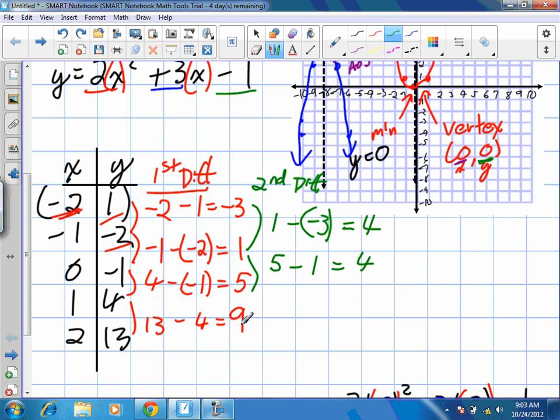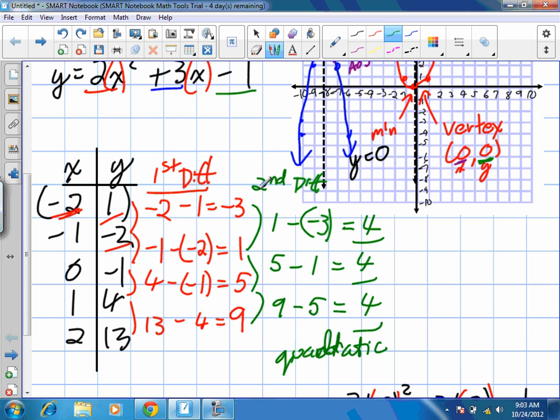Are the second differences the same? Yeah. If second differences are the same, that means we have a quadratic function. It's the shape of a parabola.